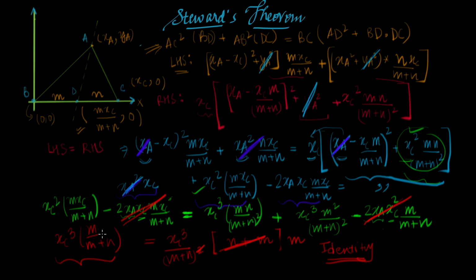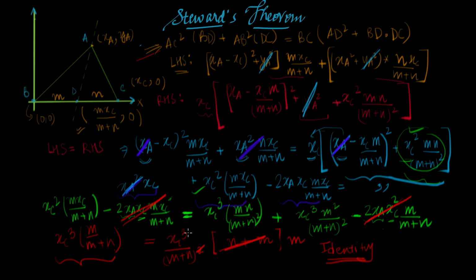So it holds for any ratio of m and n and any value of xc. So we really don't need to have any restrictions on it, and as I already showed you, even though we are choosing this to be in a particular ratio, m is to n, we actually showed that this result is valid. Stewart's theorem is valid for any ratio m is to n, so it really doesn't matter.